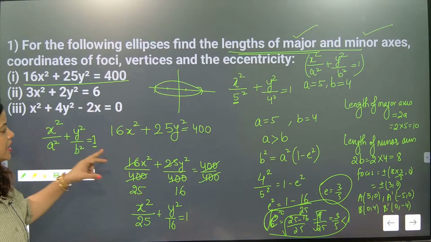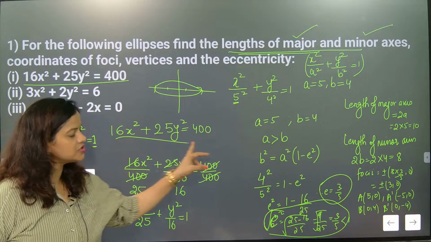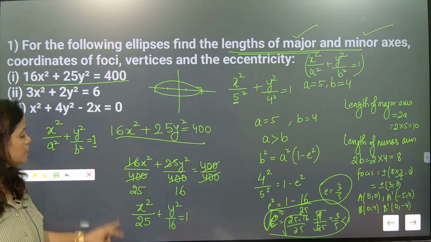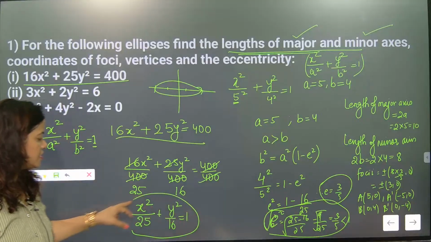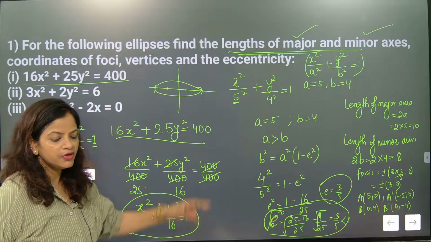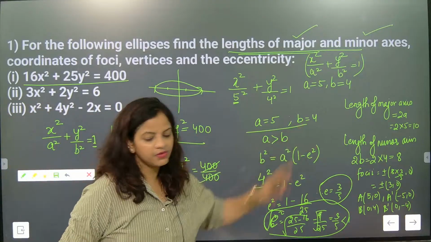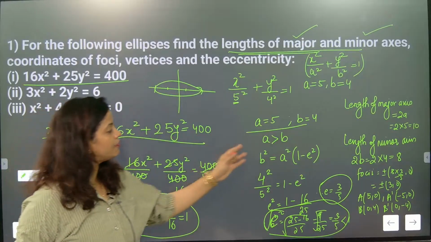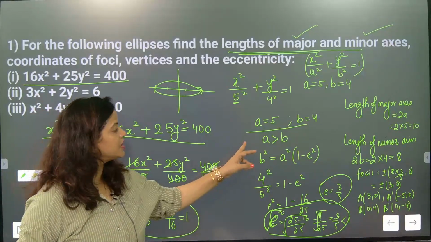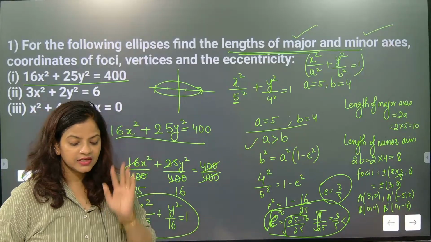Again I am repeating: when this question is given to you, beta, first you convert it into the standard equation. From the standard equation, you get the values of a and b. After getting them, we justified that a is greater than b.